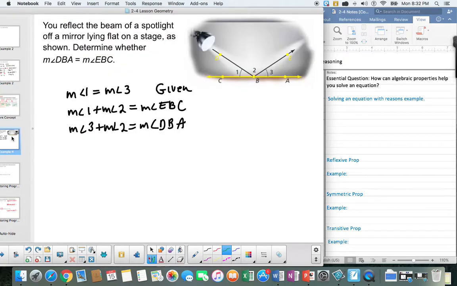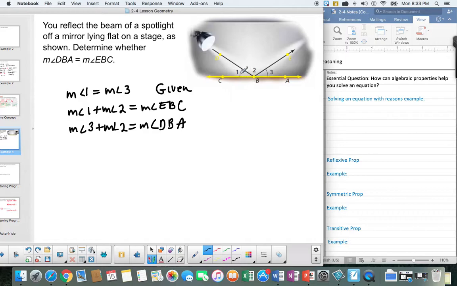Okay, let's take a look at this problem. And they said, can we determine whether angle DBA is equal to angle EBC? So I've kind of started it off a little bit, and then we're going to continue together. Okay, so we are given this, because I can see a little tick mark here and a little tick mark here, so I know these are equal to each other.